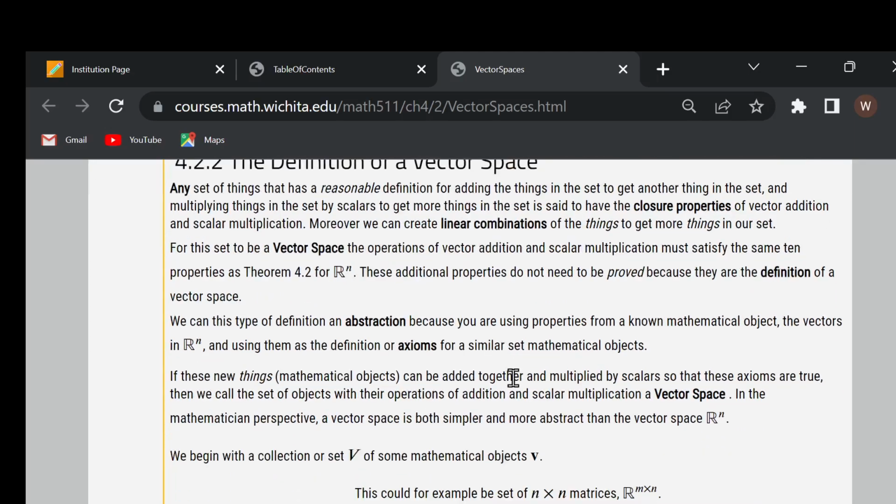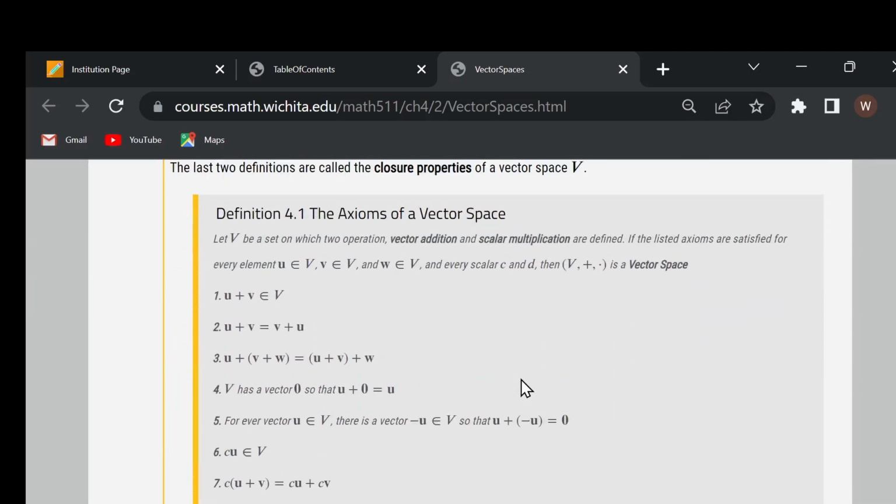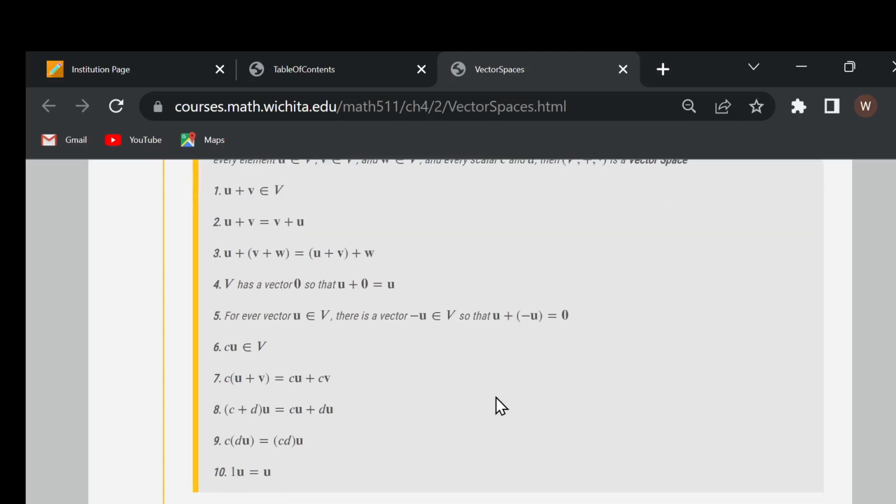All right, so how does the definition of a vector space work? Now, this is not a theorem. It is a definition. It's definition 4.1 because it's the first definition in the chapter. Now, these 10 properties are not theorems you can prove about vectors in Rn. It is the definition of a vector space. Sometimes these are called axioms. Okay? So these aren't properties anymore.